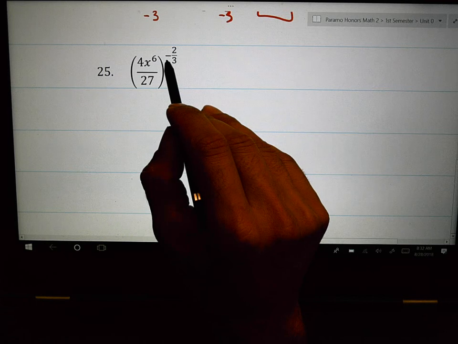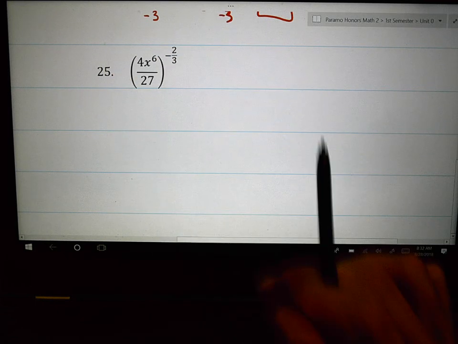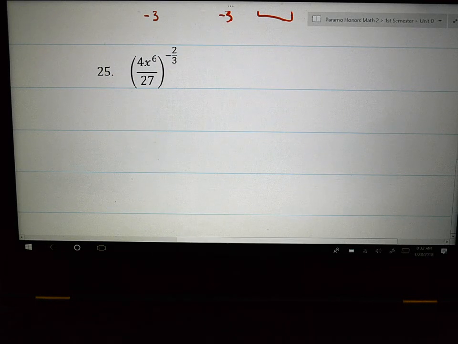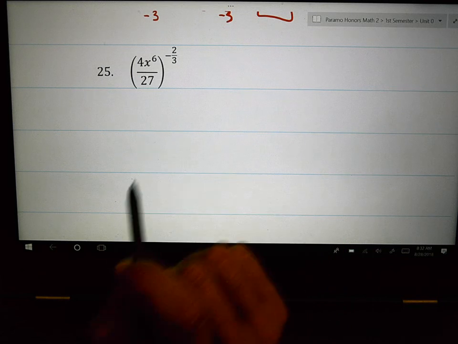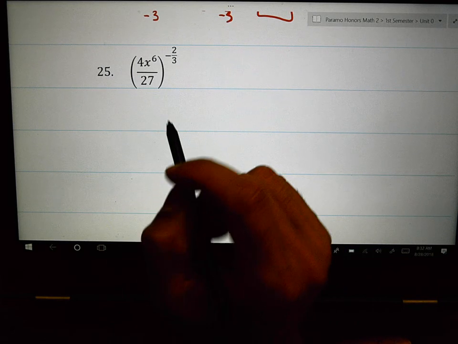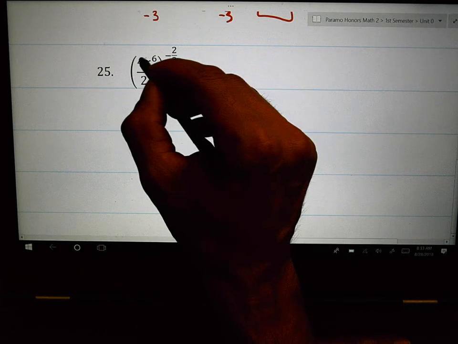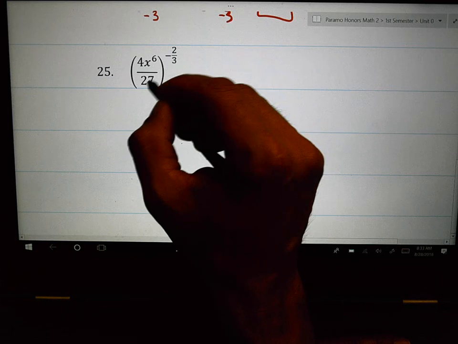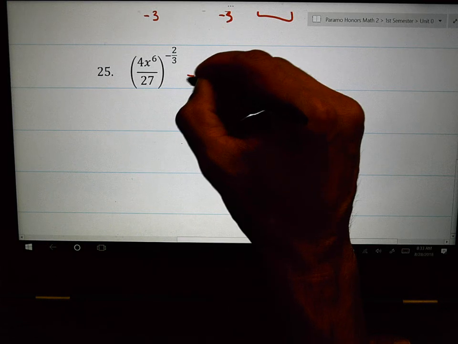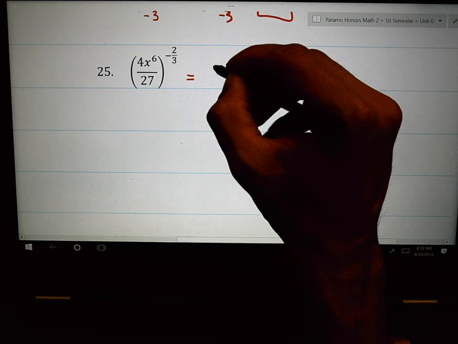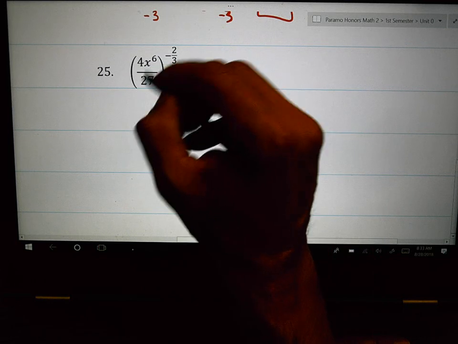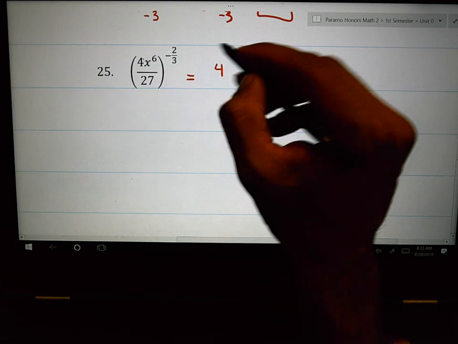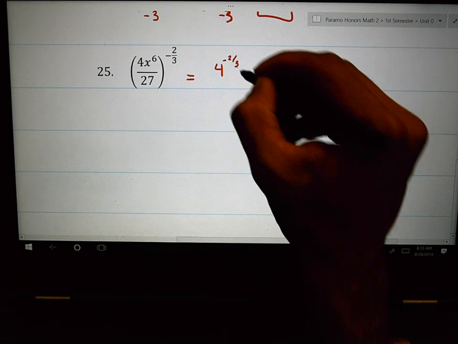Normally, this would move this into the denominator, but then I don't want you to have a complex fraction. So what I'm going to do is put this in the numerator of both of these and the denominator, and I hope you see why in just a second. This is 4. Notice there's parentheses, so this is going to go to the 4, to the negative 2/3 power.